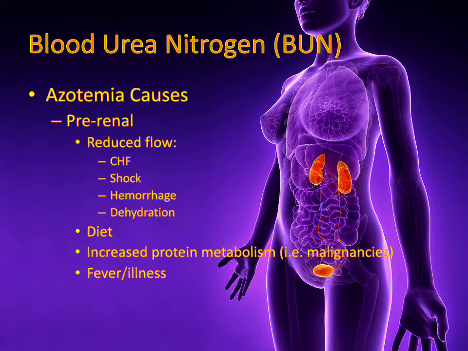When there is a reduced blood flow through the kidneys, or reduced pressure, the glomerular filtration rate drops, and wastes are not filtered as effectively. Other potential causes include diet, an increased nitrogen intake, increased protein metabolism, such as malignancies causing increased cell turnover, and fever and illnesses due to increased metabolism caused by increased body heat.